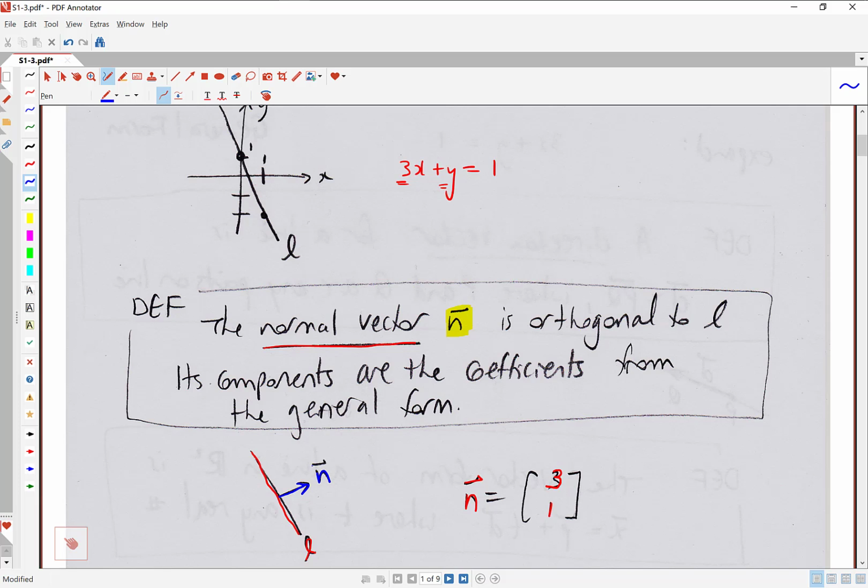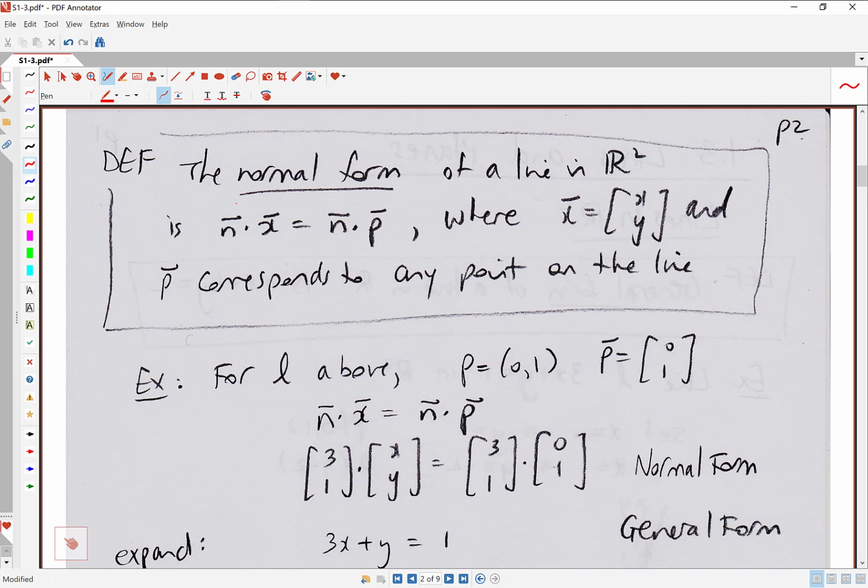And just by eyeballing that, you can say, yep, looks like the normal vector would be perpendicular to the line. So now we know what a normal vector to a line is. It's a vector that's perpendicular to our line, and we know how to find it. Its components just come from the coefficients of the general form. With that, we can define the normal form of a line in R2.